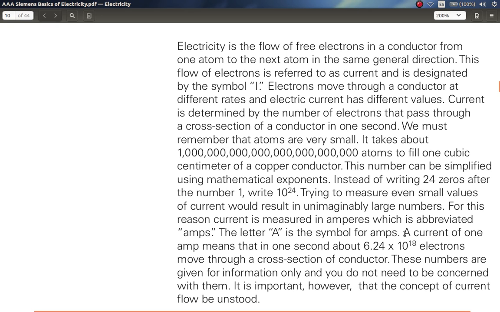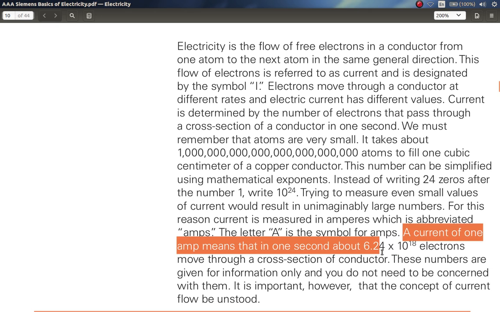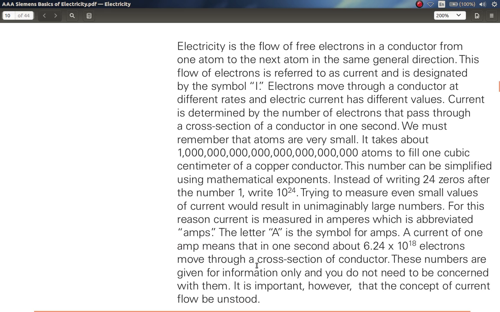A current of 1 amp means in 1 second about 6.24 times 10 to the 18 electrons move through a cross section of a conductor, a very large number of electrons.